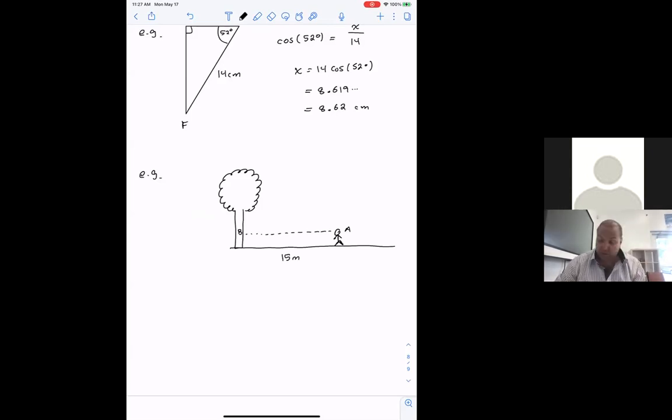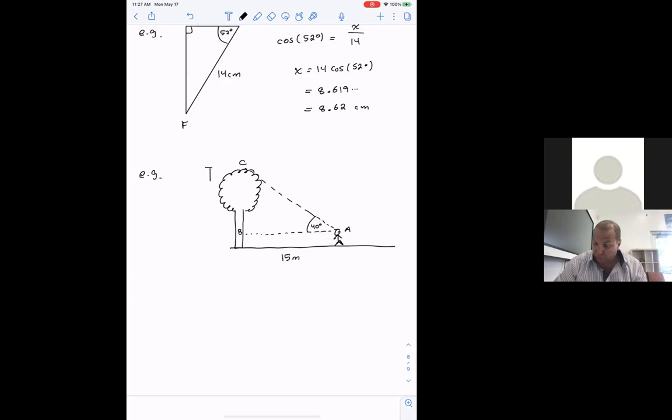And then she also measures the top of the tree down to her eye. This is the top of the tree, point C. And we have angle A hat is 40 degrees. So she measures 40 degrees as the angle, and she measures 15 meters as how far she is from the tree. It says find the length BC.